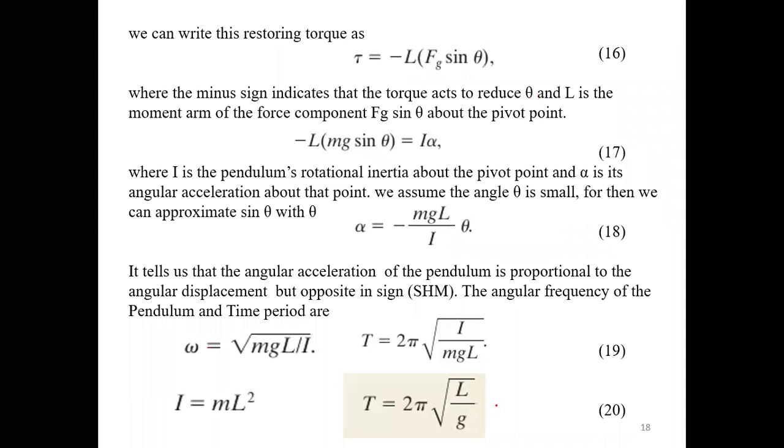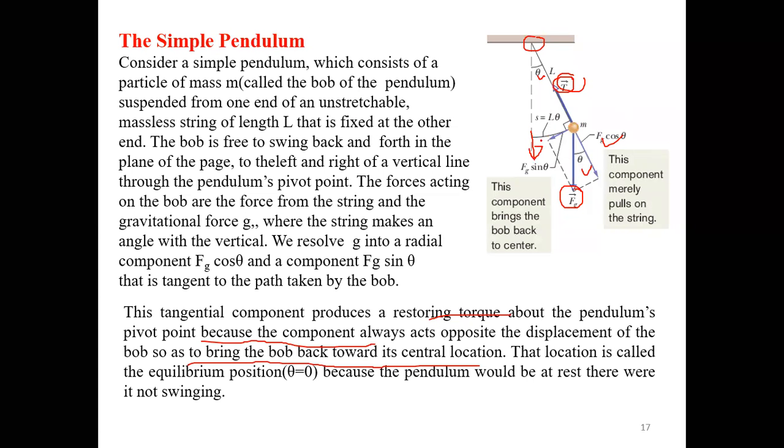So the torque tau equals R cross F. R is the distance L, and the angle between this force and the string L is 90 degrees.